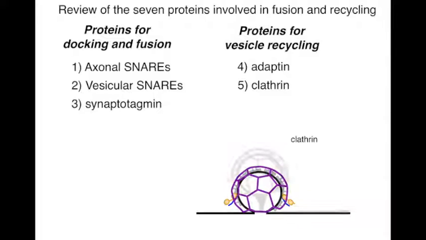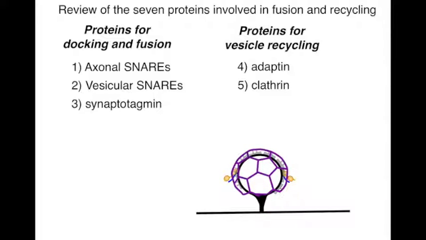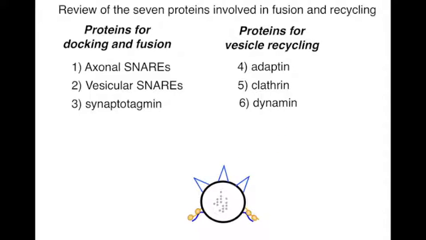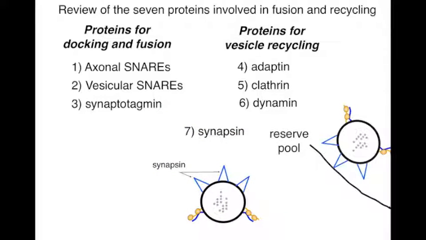The 6th protein is dynamin, and dynamin acts like a scissor to snip off the neck of the formed vesicle and thereby free the formed vesicle from the axonal membrane. The 7th protein is synapsin, and synapsin binds vesicles to the actin scaffolding in the reserve pool of vesicles.